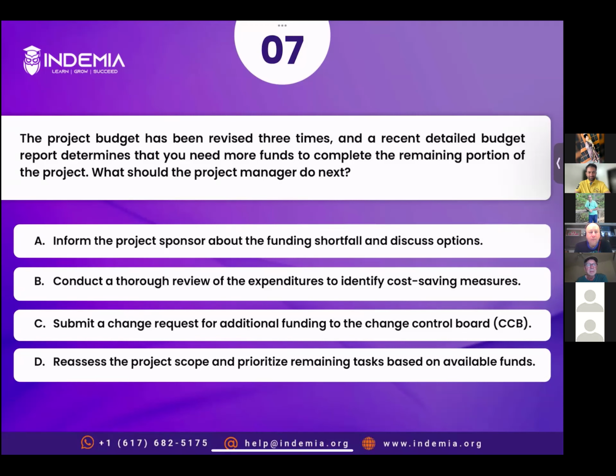Then I was choosing between A and C. And I thought that C needed to be done in order to create the funds, and then to inform the project sponsor would follow. So that's what to do next, C. Yeah. All right, thank you. Robin, what's wrong with option A?